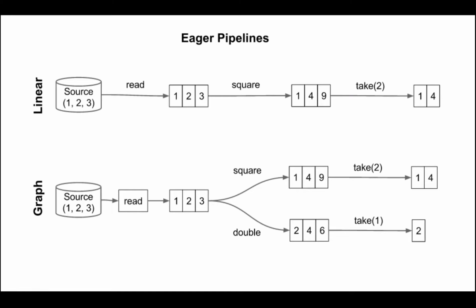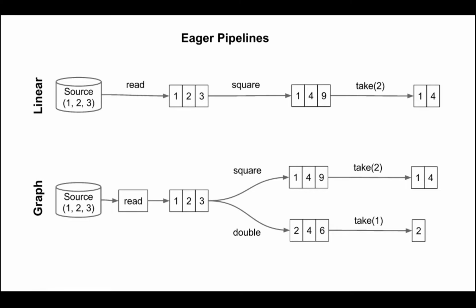People who like Scala collections use them extensively, right? I mean, they are the main strength of the language. But Scala collections are in-memory collections, and I hope all of you understand the implications. Say you have a pipeline of data processing where you read from a source, then do some processing like squaring each number that you read, then another step which is take only two of them, and then some terminal action which is called a sink, but it doesn't matter.